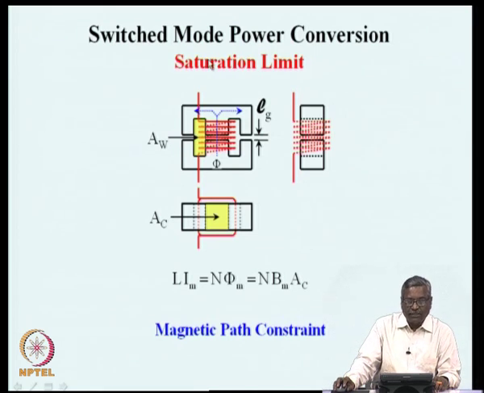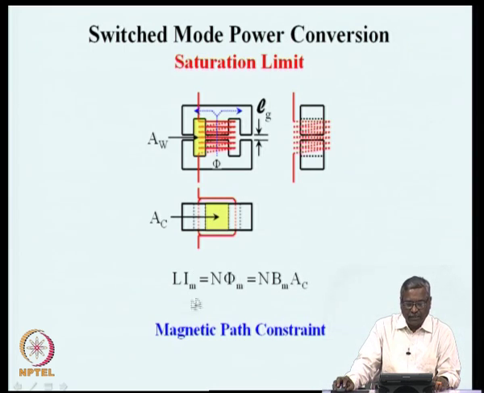Now, the saturation limit puts some kind of a constraint on the various physical dimensions in a magnetic circuit. In this particular E core, we see that the product Li is the same as N phi. Now, maximum current will result in maximum flux, and maximum flux is the product of maximum flux density multiplied by the core area.